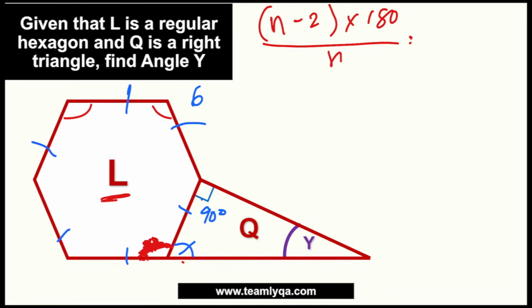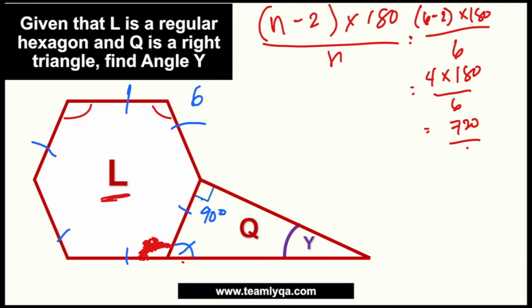Or in this case, since 6 yung N, this will be 6 minus 2 times 180 all over 6. Or 4 times 180. Okay? Tapos, ang gagawin natin over 6. Now, 4 times 180, that is 4 times 100, 4 times 80, 8, 16, 24, 32. So, 720.